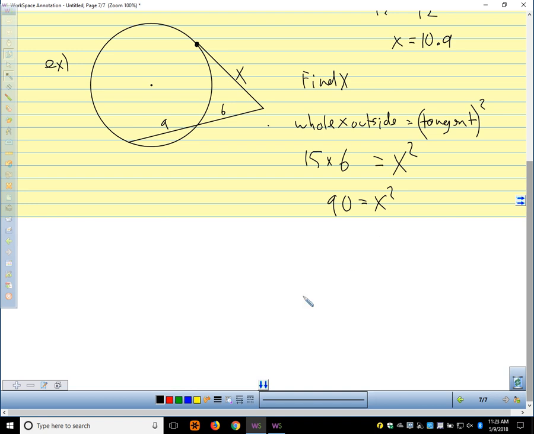X squared, just get rid of that square, you take the square root. And x is the square root of 90, which is about 9.5, rounded to the tenth. All right, questions?